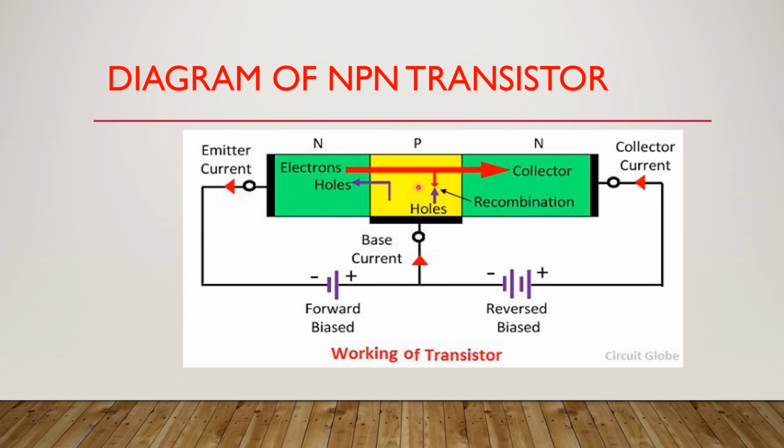So the remaining electrons which are not recombined with the holes in P-type come across the collector, and due to that base current is flowing and collector current is flowing through the transistor. So this is the simple working of a transistor.